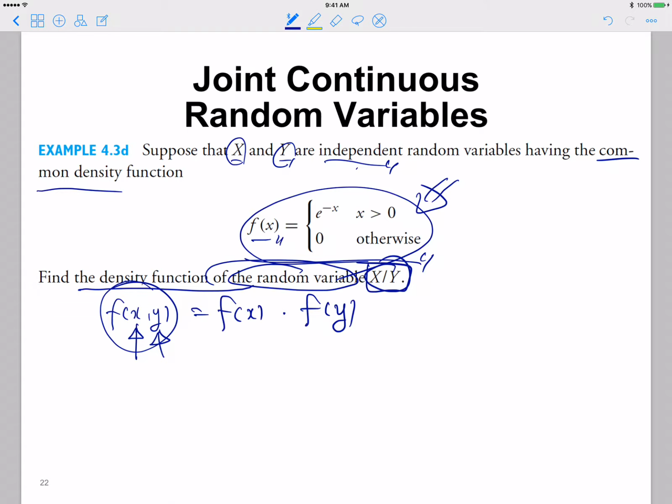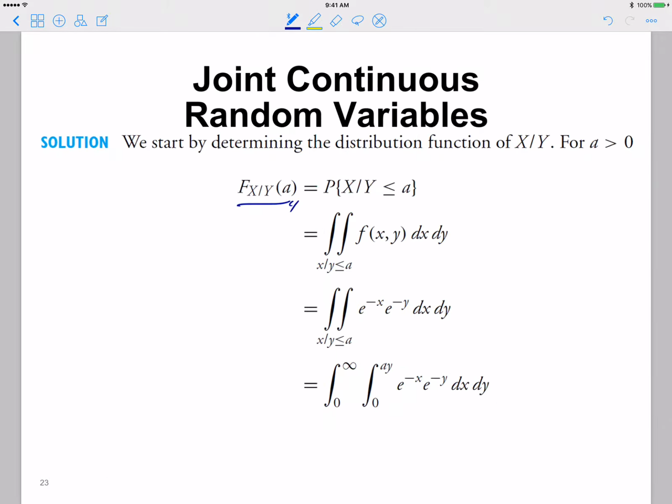Just one number, so it's not a joint one, although it is a function of two different random variables. As it is, it will be a particular scalar. X is 1 and y is maybe 3, and then x over y will be simply 1 over 3, which is just a scalar value.